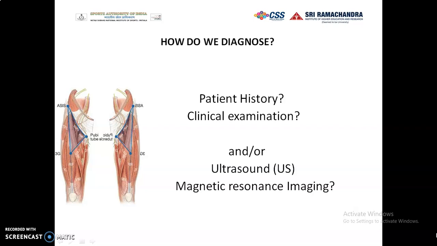Are you diagnosing through obtaining a patient's history, hypothesis generation, or by doing a clinical examination? Or if you have time and even more money, will you be able to do an ultrasound and try to find out with the help of a sports medicine physician? Or if you can go far beyond, will you be able to do an MRI? How do we diagnose it then?